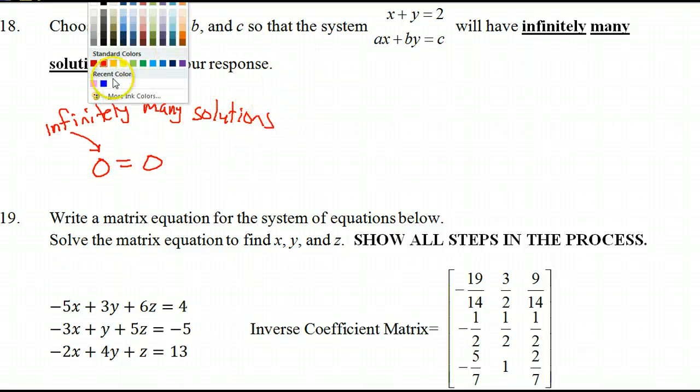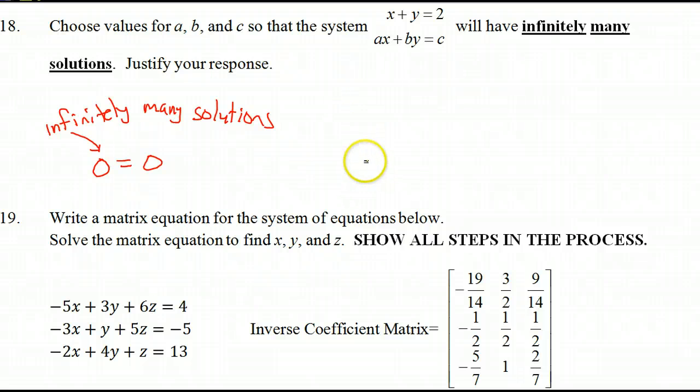Okay, on the other hand, we've learned that if all the variables cancel out and you get a false statement, like 0 equals 5, or 0 equals 21, anything like that, where it's not true, this is a signal to you that it is no solution.